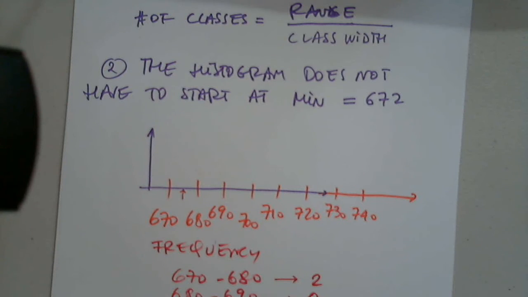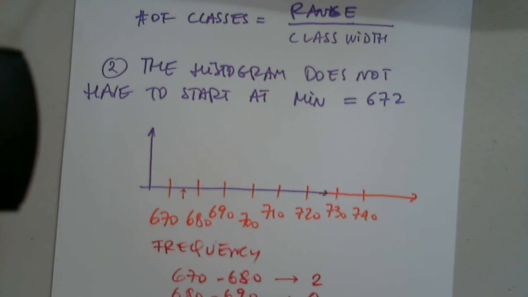Okay. From 700 to 710: 1, 2, 3, 4, 5, 6, 7. Yep. Then from 710 to 720: 1, 2, 3, 4, 5, 6, 7, 8, 9, 10.